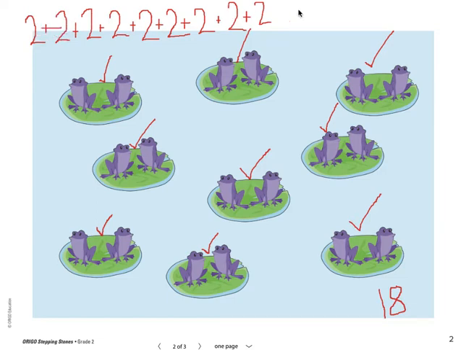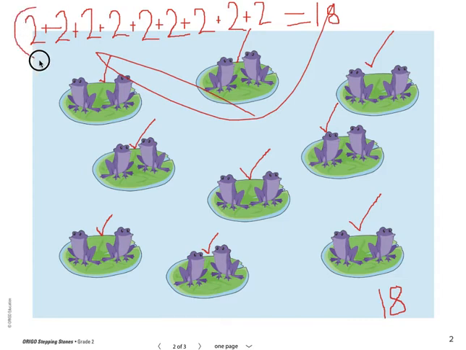Okay, does your equation look something like mine? I have 2 plus 2 plus 2 plus 2 plus 2 plus 2 plus 2 plus 2 plus 2 equals 18. This is 9 total jumps of 2 together is 18.